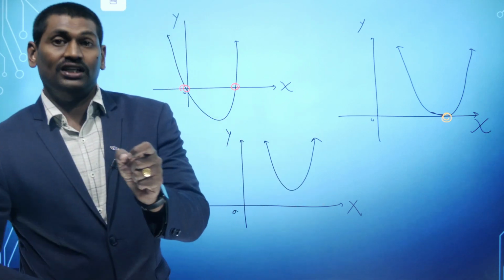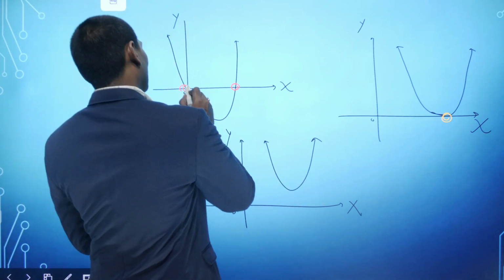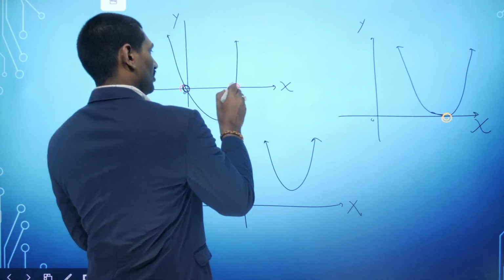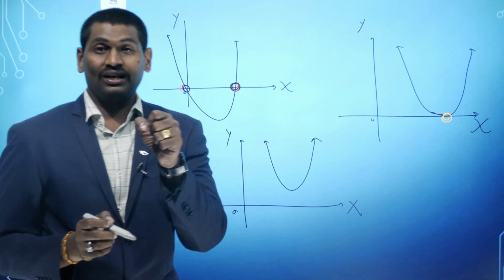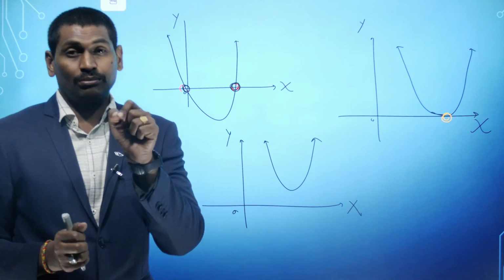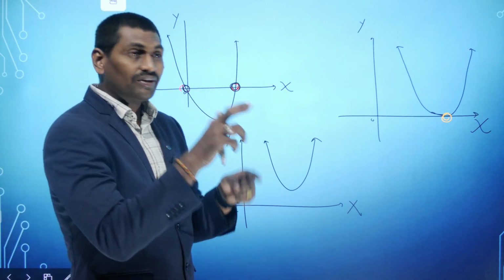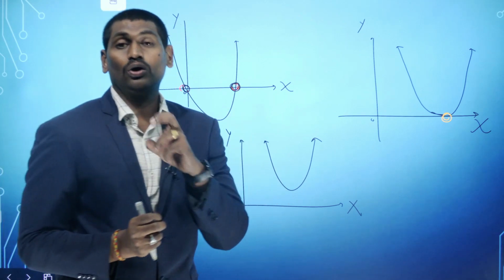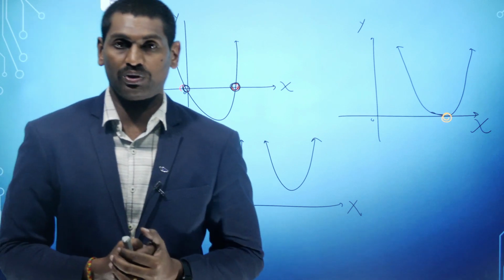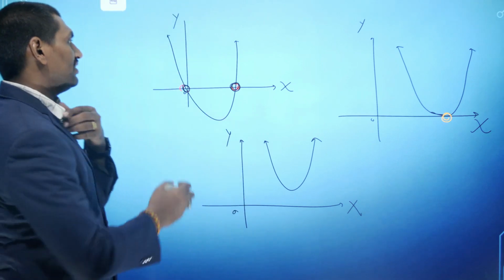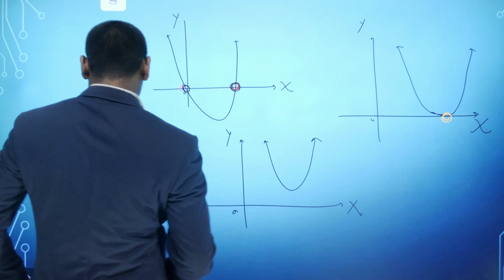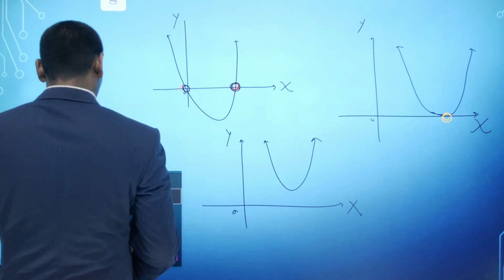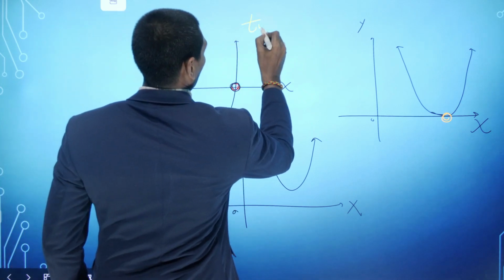And as we know, the x values where the graph, nothing but the parabola, intersects the x-axis, you take as a solution or root or zero of a quadratic equation. Okay, now in case 1, we are having two different roots.